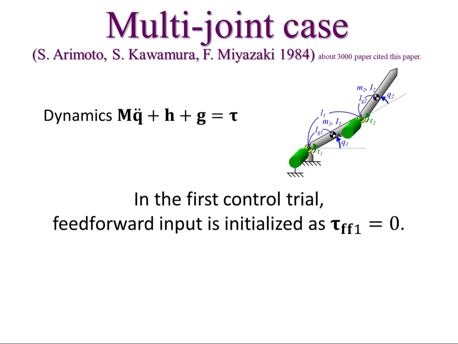First, in the first control trial, the feed-forward torque vector tau ff1 is initialized using arbitrary time functions. Typically, we adopt a zero vector as the initial feed-forward torque.